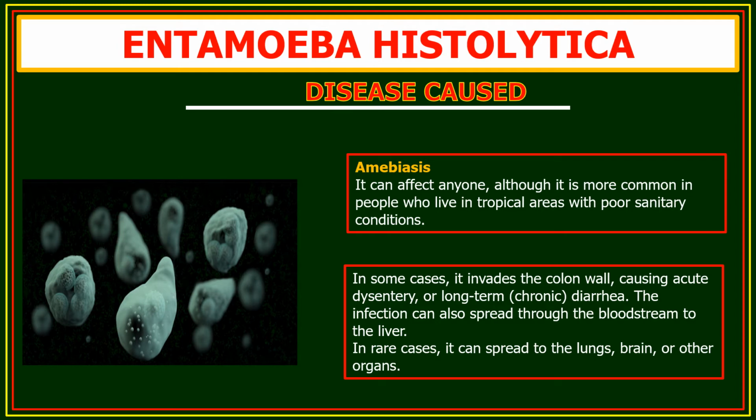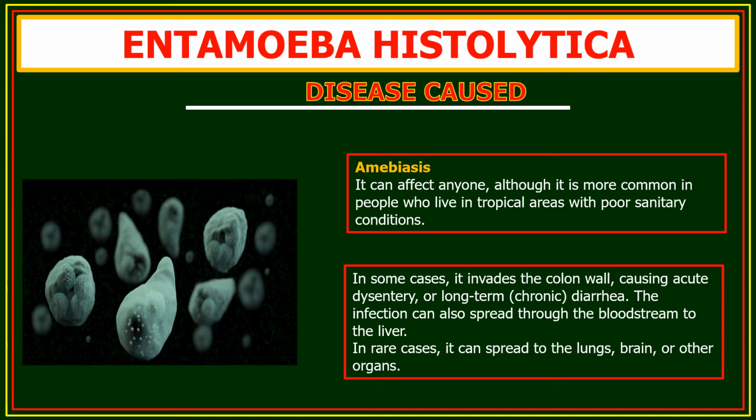In some cases, it invades the colon wall, causing acute dysentery or long-term chronic diarrhea. The infection can also spread through the bloodstream to the liver, and in rare cases it can spread to the lungs, the brain, and other organs.